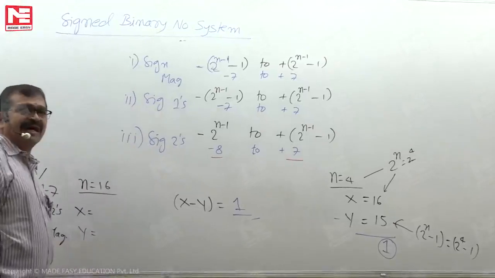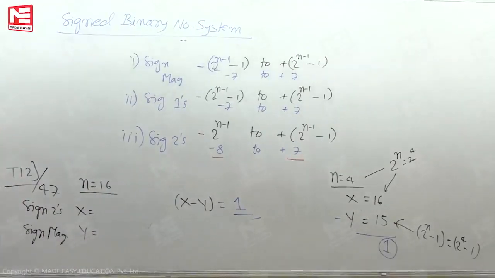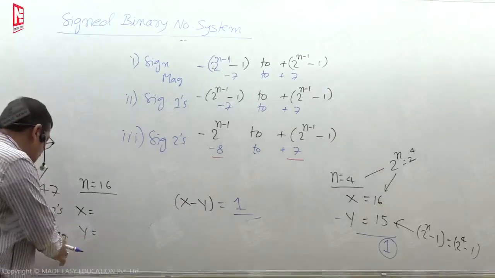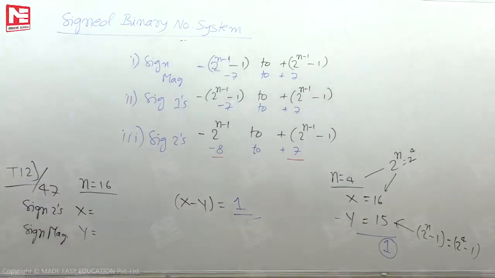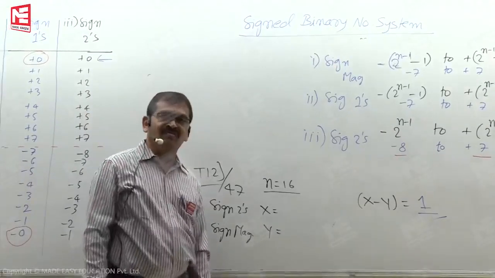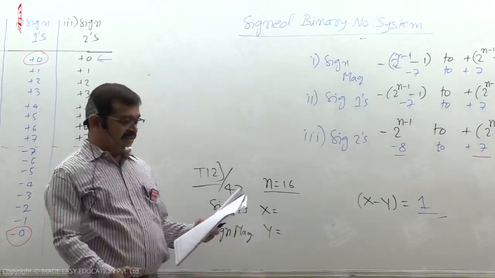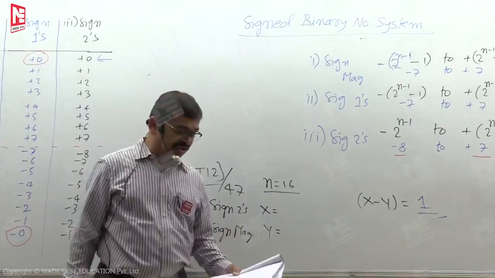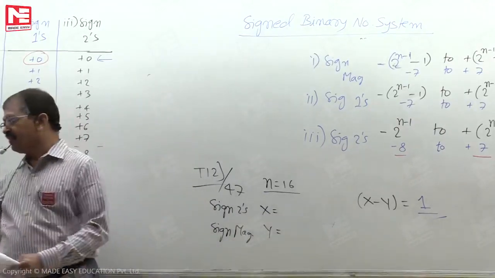In 2's complement notation, compared with sign magnitude or sign 1's complement, we always have one extra integer represented. So x minus y will be 1. Whether y is sign magnitude or sign 1's complement, the answer does not change. The answer is 1. As I said, it was a question in the 2016 GATE exam, CS paper.